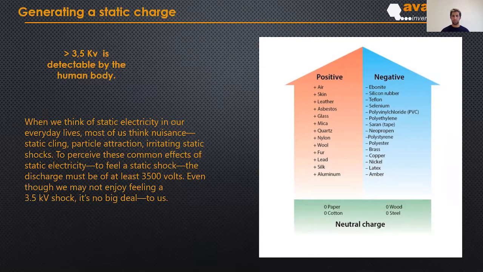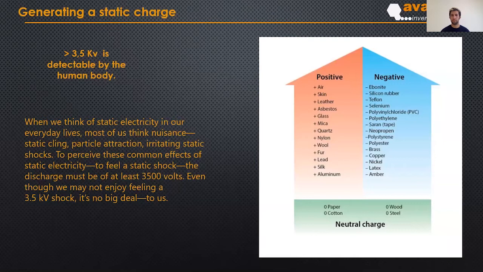For example, a typical material is quartz or silica, which can generate a positive part very easily. And if we join it, for example, with polyester, which is the contrary, at the end you can have big problems.